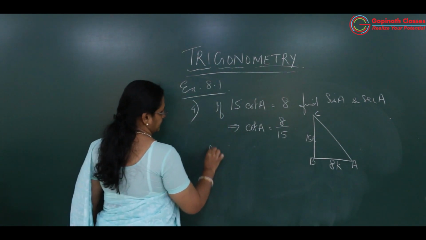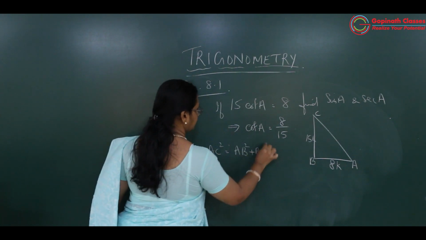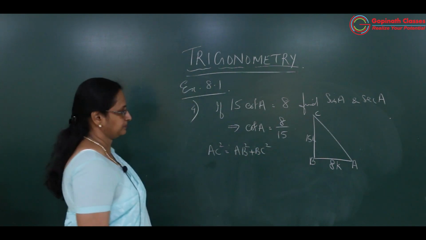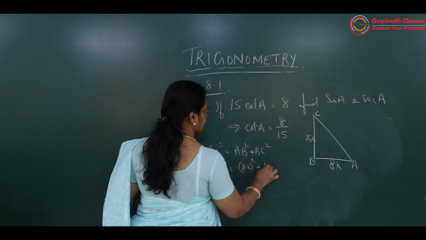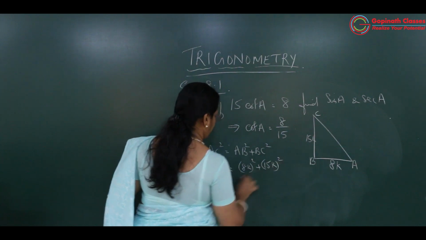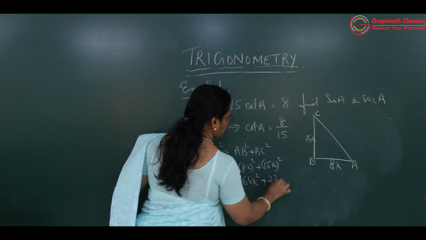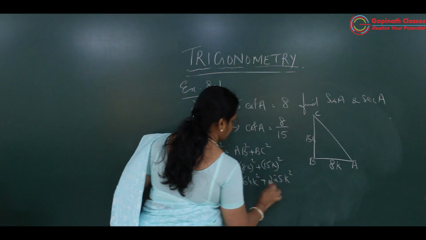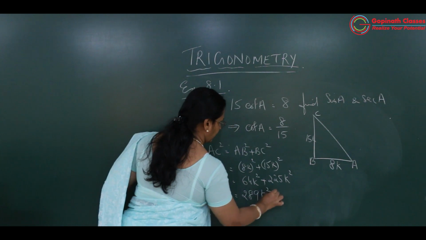Using Pythagoras Theorem, AC square is equal to AB square plus BC square. AB square is 8k square plus 15k square. 8k square is 64k square plus 225k square, which is nothing but 289k square.